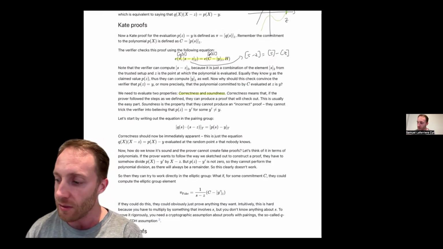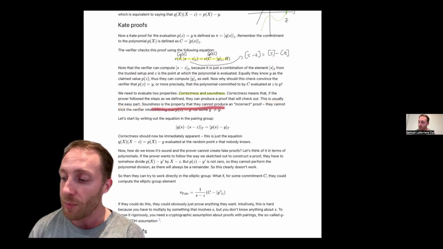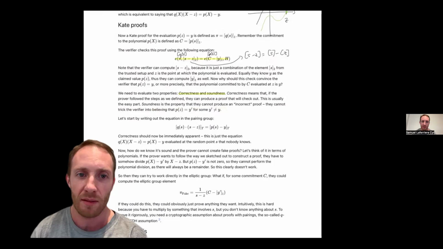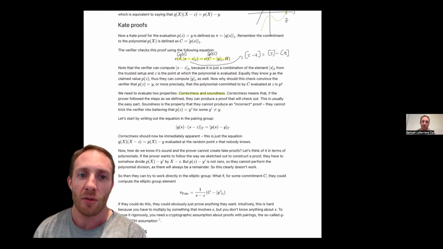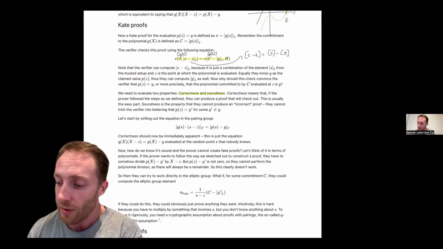And as he says, this is usually the easy part. Soundness is the property that a malicious prover cannot break the scheme and trick the verifier into believing a fake evaluation. So he says let's start with the easy part, which is the correctness.